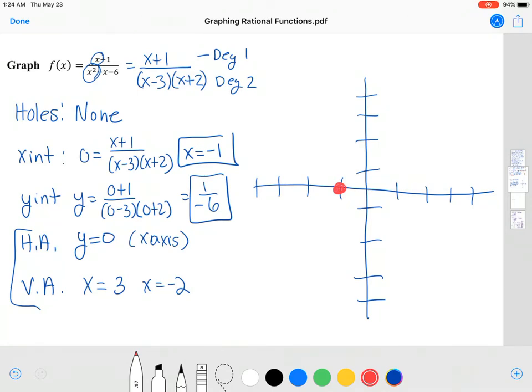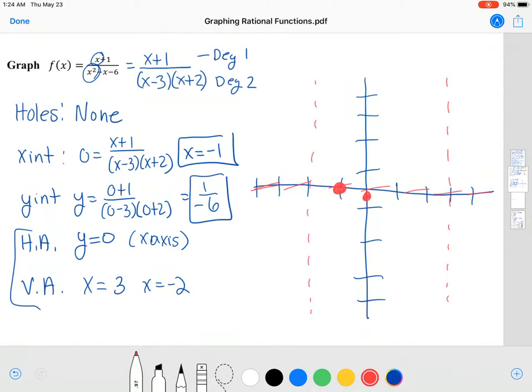It's going to pass through that point. I have a y-intercept of -1/6, which is going to be really close to 0. I have a horizontal asymptote at 0, and then vertical asymptotes at 3 and -2.